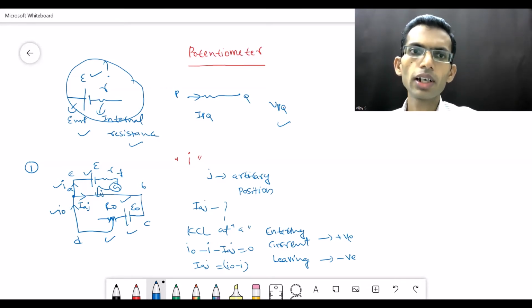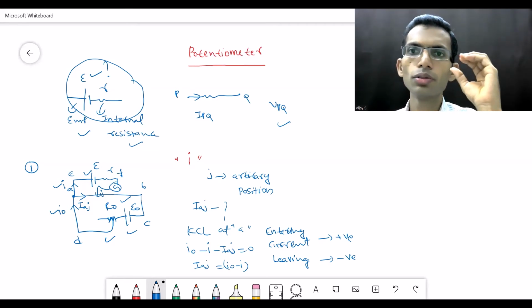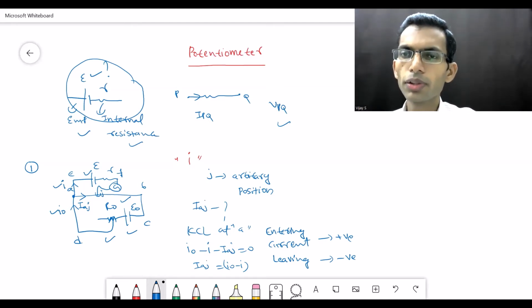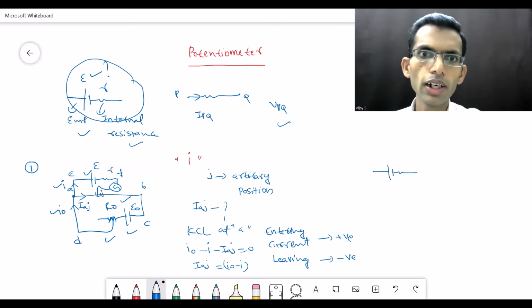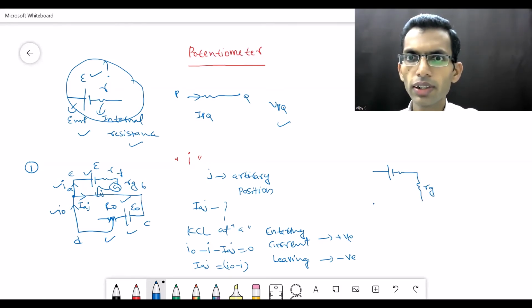In order to get current expression, we need to apply KVL to the sub-circuit. To make things clear, let me draw the sub-circuit again. Here what is there? Cell and galvanometer are connected in series like this. Let us say Rj is the resistance of the galvanometer. Between A and J, what is there?